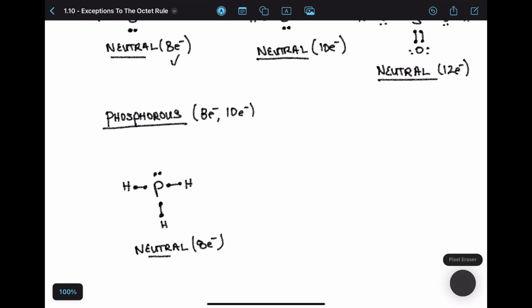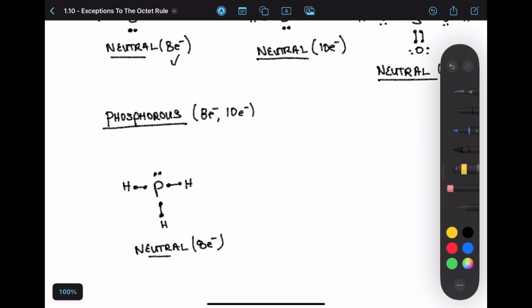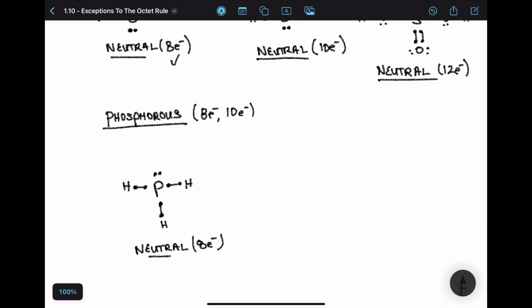Okay, and then we have another example of phosphorus that now can actually do 10 electrons.